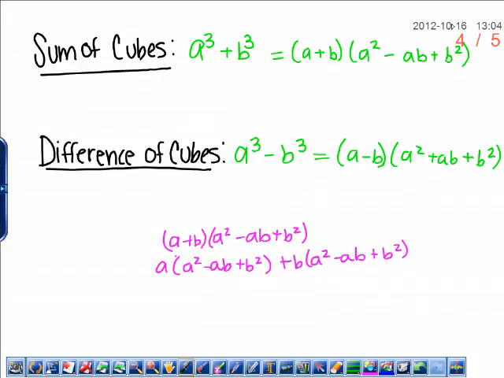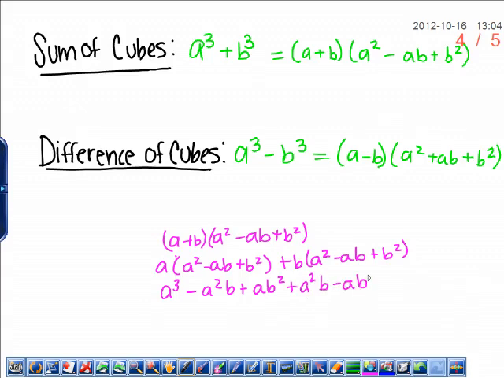We're just taking the factored form, we're going to multiply it out and prove that we get back to the original. All right, so when we distribute that a, a cubed minus a squared b plus ab squared. Plus b times a squared. Would you agree that I could write that as a squared b?